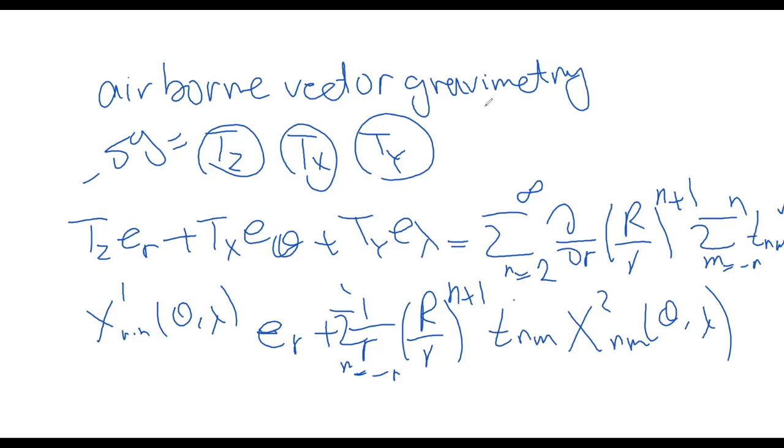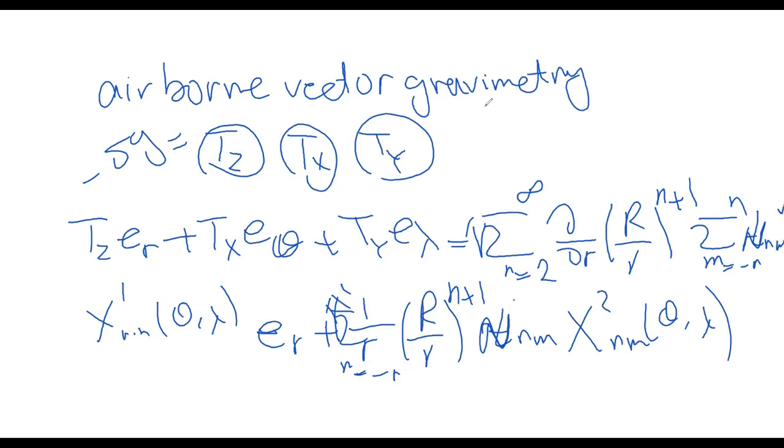Let me say that if I want to determine the geoid directly from the T_nm, it will be the geoid multiplied by gamma, and also this will be the geoid. So I want to determine the spherical harmonics of the geoid from the vector spherical harmonics.